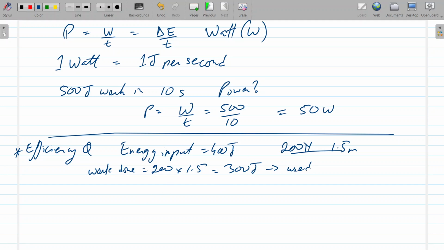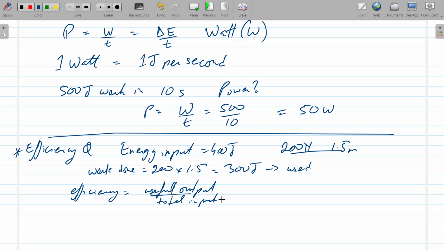Simply put, efficiency is useful output over total input.